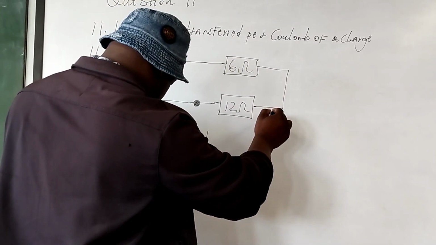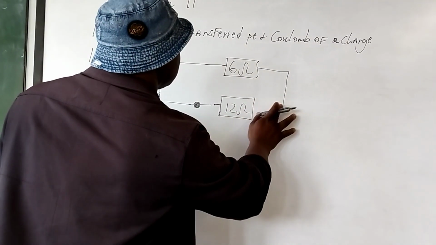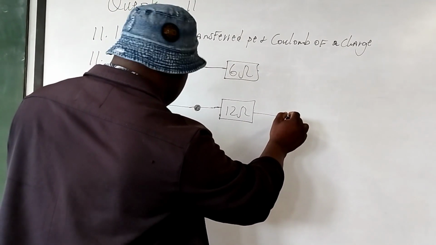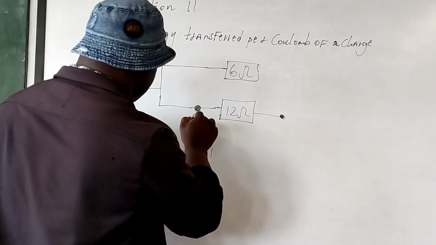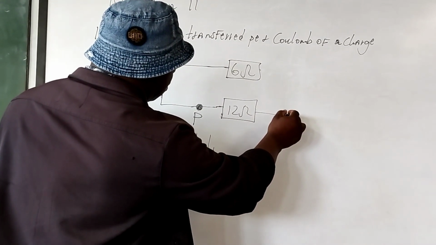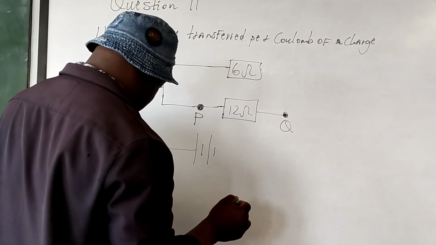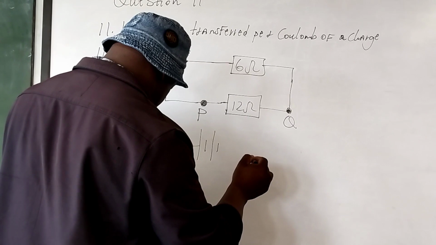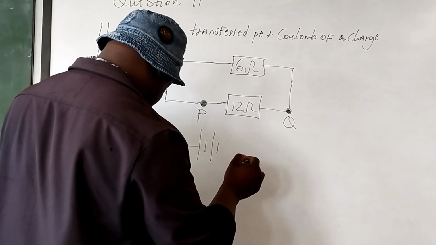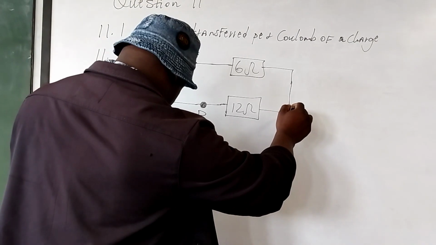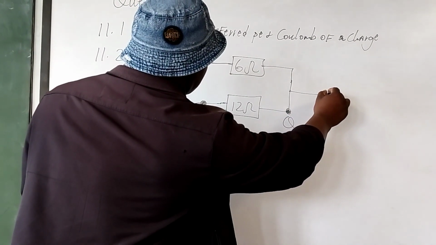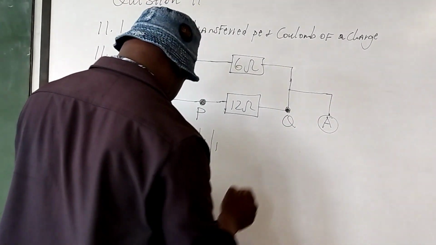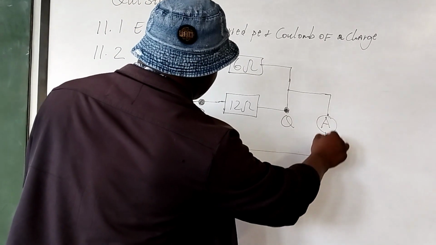Sorry about that. So here we have another point, and this point here is called P, and this one here is called Q. So obviously it joins there. And then from there we draw a path, and then there's an ammeter. And I think that completes the circuit, right?